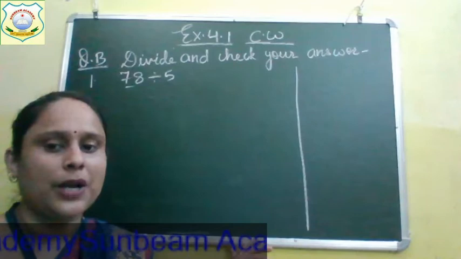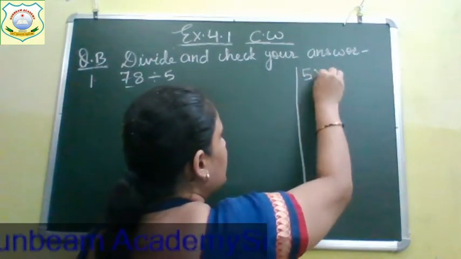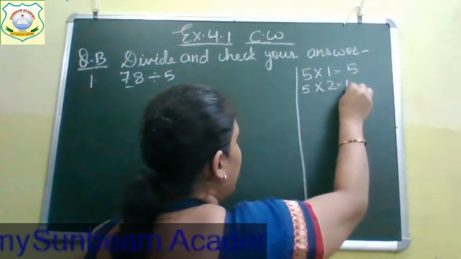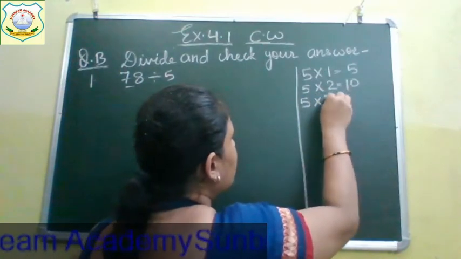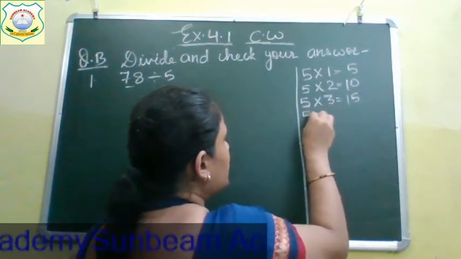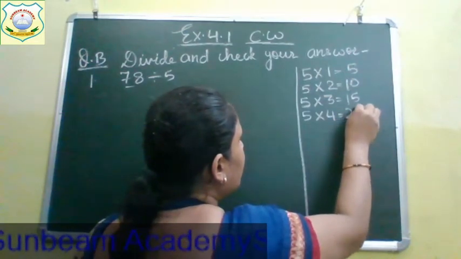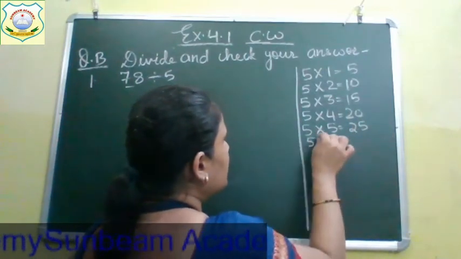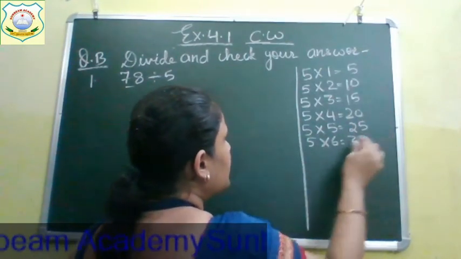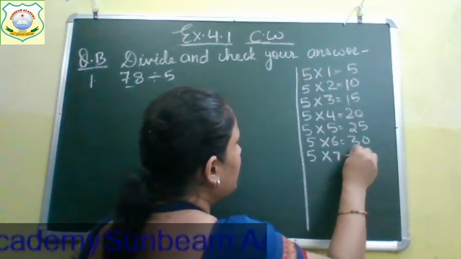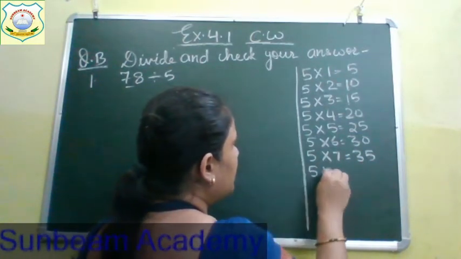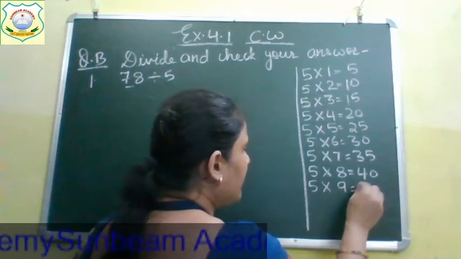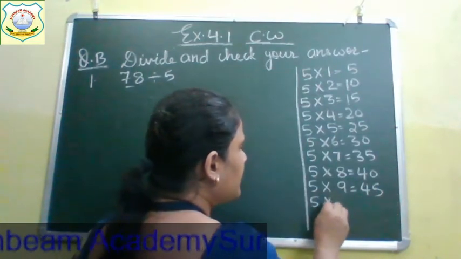So, we have to write the table of 5. 5 ones are 5. 5 twos are 10. 5 threes are 15. 5 fours are 20. 5 fives are 25. 5 sixes are 30. 5 sevens are 35. 5 eights are 40. 5 nines are 45. 5 tens are 50.